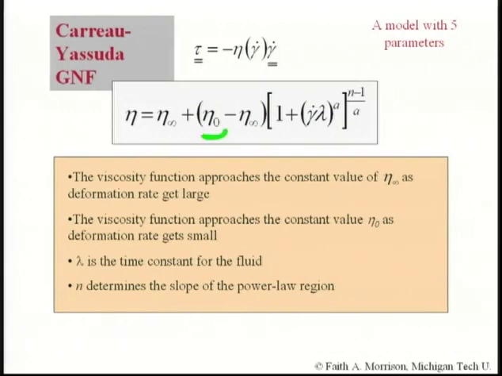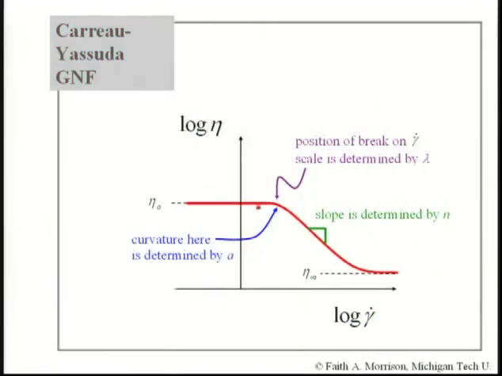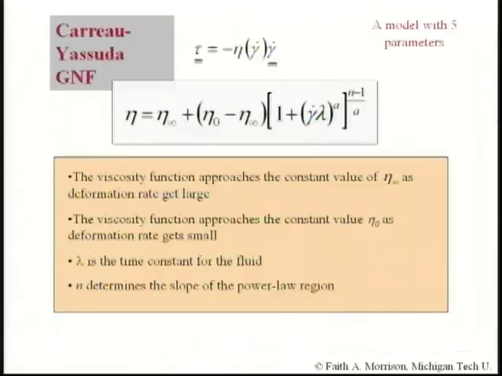Here's the eta naught. If you take the limit as gamma dot goes to 0, you get that it approaches eta naught. If you take the limit as gamma dot approaches infinity, you get that it approaches eta infinity. The A parameter determines how this curvature turns out.